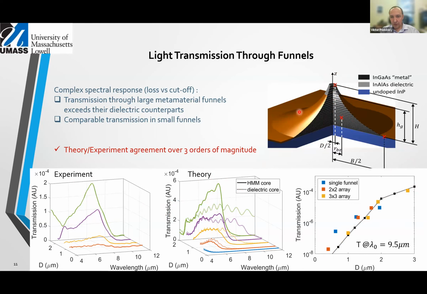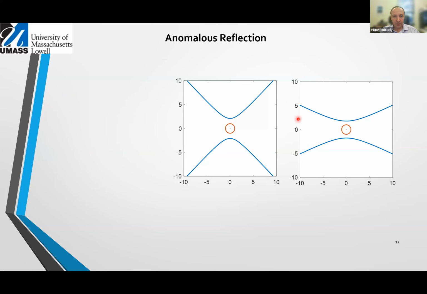The original design of these funnels has metallic cladding at the sides, and what that does is basically keep the waveguide modes propagating inside the structure without ever touching the boundary or leaking outside. But a very interesting phenomenon occurs if we allow light to interact with this boundary. So let's look at that in a little bit more detail.